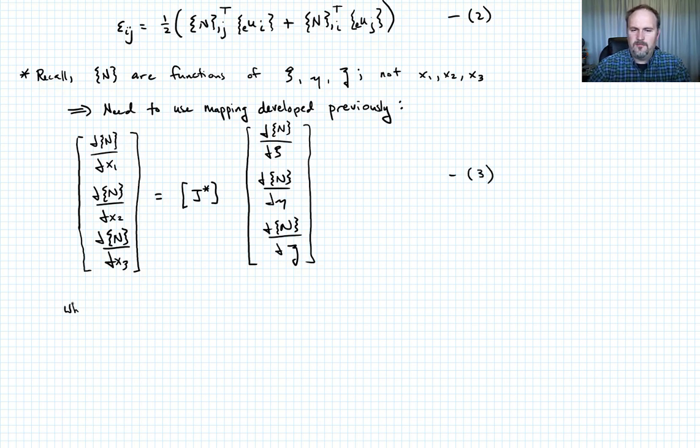Where we define J star as equal to the inverse of the Jacobian matrix. Call that equation 4. And we define the Jacobian as follows.